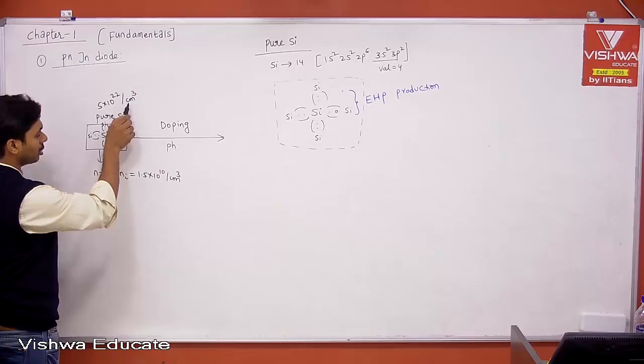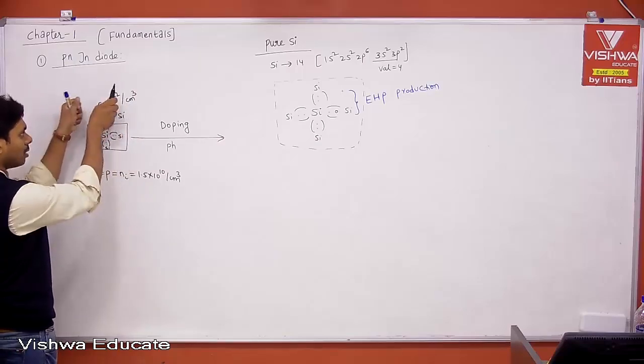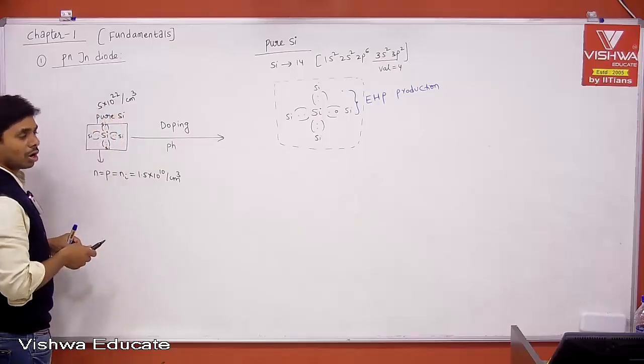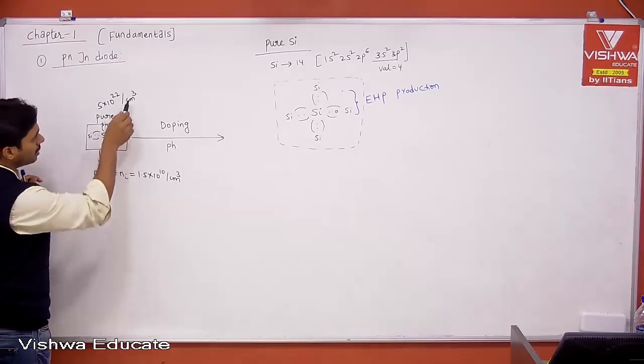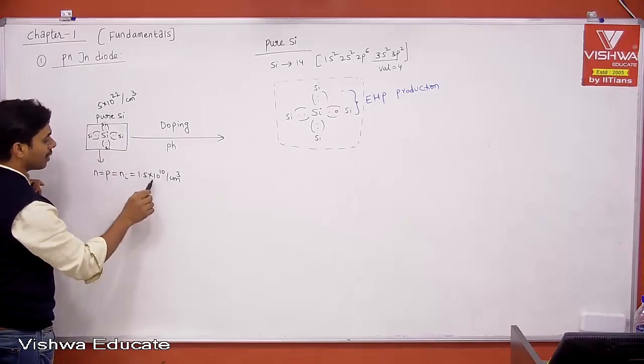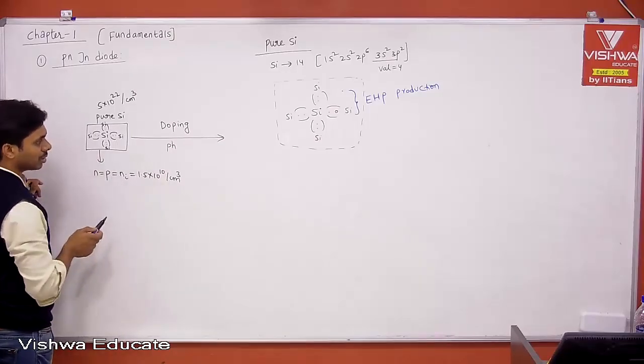Remember this is per centimeter cube. If you have a bigger volume, you will have more atoms in that given volume. In that per centimeter cube we have 1.5 × 10^10 electrons and 1.5 × 10^10 holes.